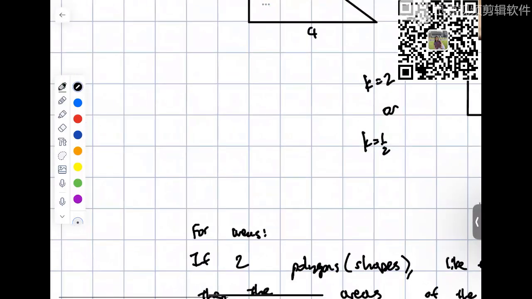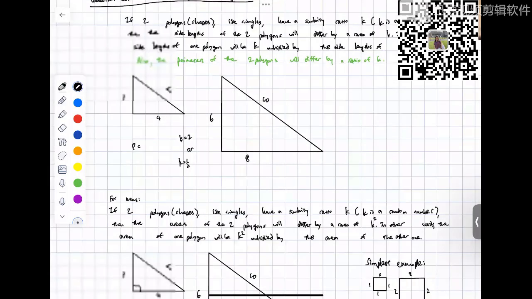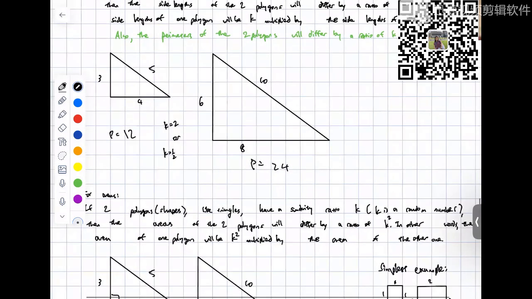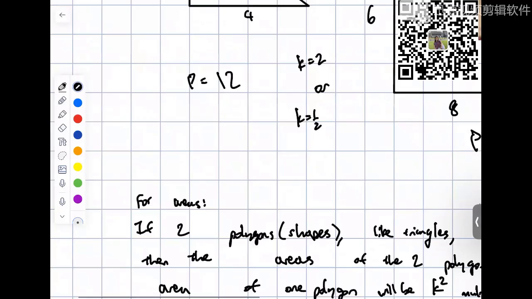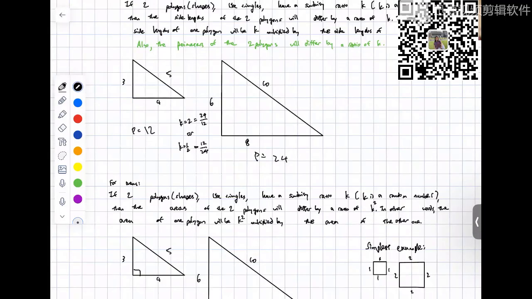So what's the perimeter of this 3, 4, 5 triangle? 12. And what's the perimeter of this one? 24. So you see that 24 divided by 12 is 2, or 12 divided by 24 is 1/2.